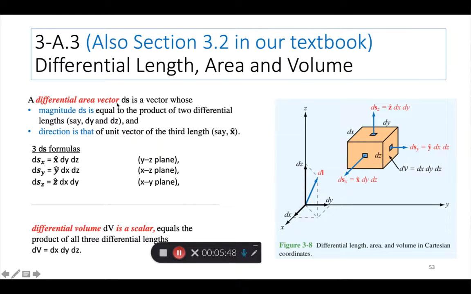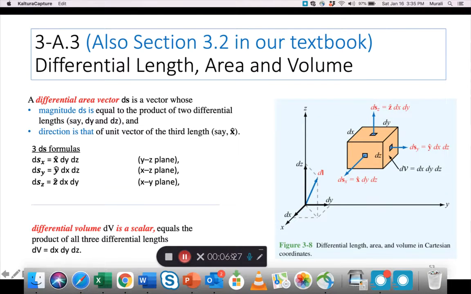The next thing is differential area vector, and here you have the area ds, right, in three different planes, right? So the xy plane, which is this bottom plane, the xz plane, and then the zy plane, there are three of them. So there are three ds or area formulas, and they are shown as dsx, dsy, dsz with the unit vector x for this plane yz, the unit vector y for the xz plane, and the unit vector z for the xy plane.